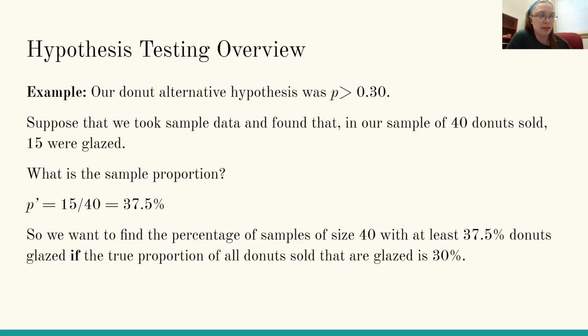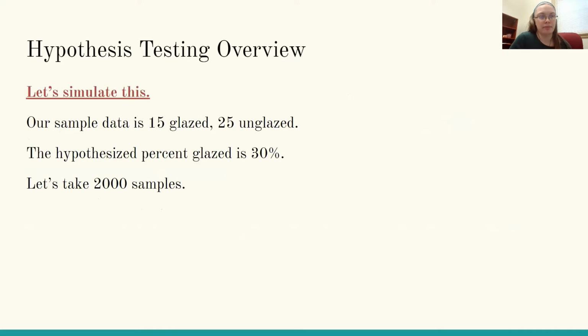So what we're going to calculate, our p-value, is the percentage of samples of size 40 that are at least 37.5% glazed if the true proportion of all donuts sold that are glazed is only 30%. Remember, our sample data is 15 glazed donuts and 25 unglazed.